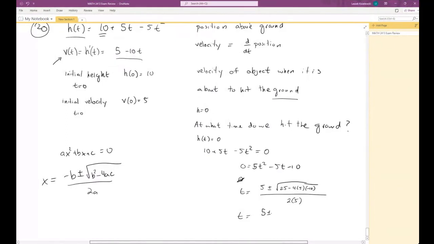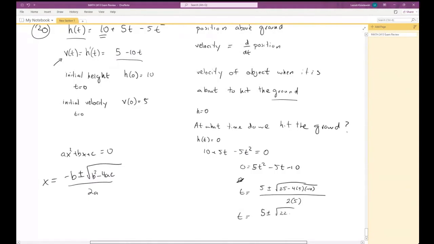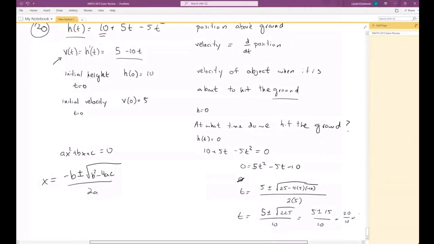So what is that? 225, and the square root of 225 is 15. So you either get 5 plus 15 divided by 10, or 5 minus 15 divided by 10.